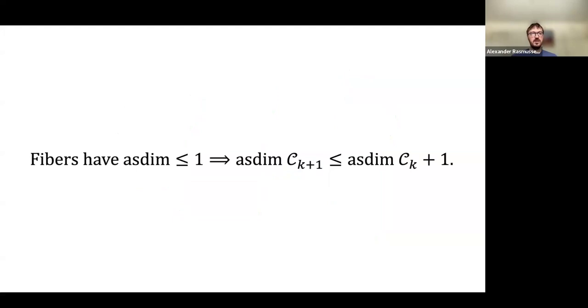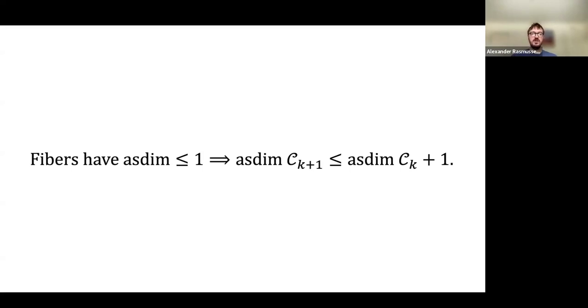So what does this have to do with asymptotic dimension? Well, remember, trees have asymptotic dimension 1. Quasi-trees also have asymptotic dimension 1 because asymptotic dimension is invariant under quasi-isometry. So how does the asymptotic dimension change as you move up this sequence from C0?